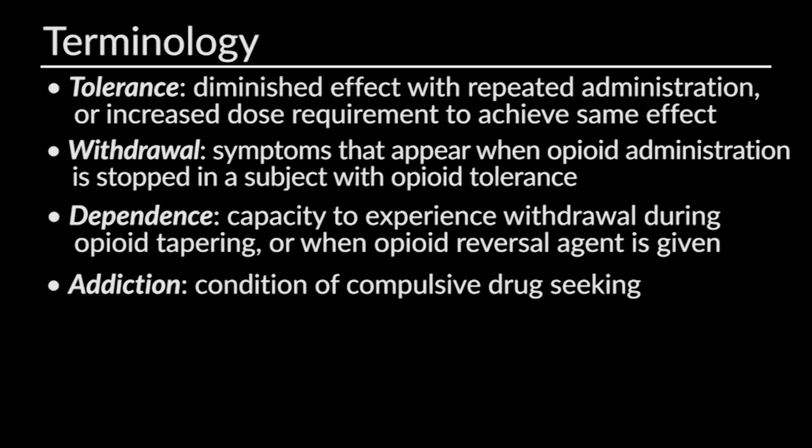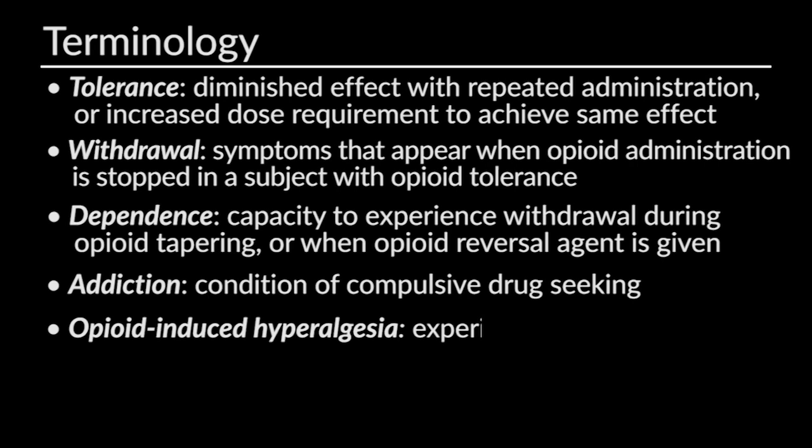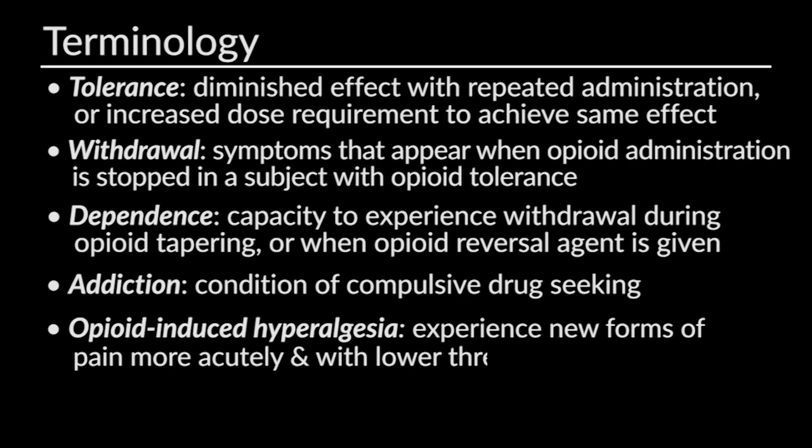Along with tolerance and dependence, another feature that may occur with prolonged opioid administration is a resetting of pain responsiveness. The term for this resetting is opioid-induced hyperalgesia. Opioid-induced hyperalgesia refers to a situation in which subjects appear to experience new forms of pain more acutely and with a lower threshold than at baseline.